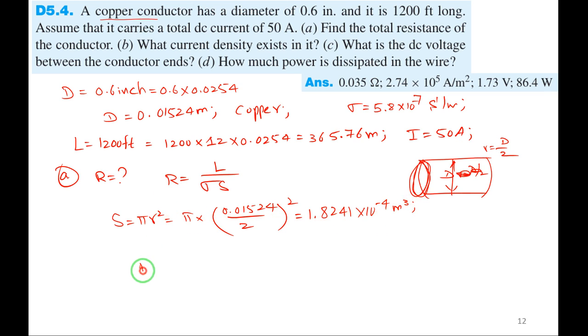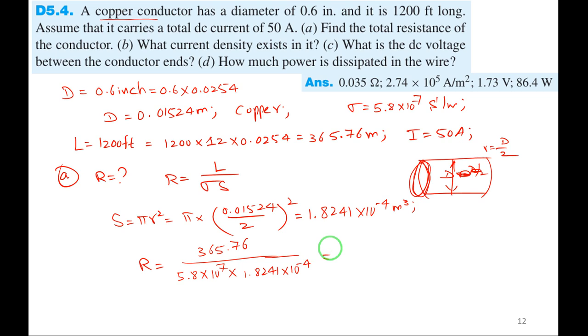Okay, I'll substitute all these things here. R is equal to L is how much? So L is 365.76 divided by, right? Sigma is 5.8 into 10 power 7. This is constant, it is given. Into the surface area 1.8241 into 10 power minus 4. So we'll calculate this.